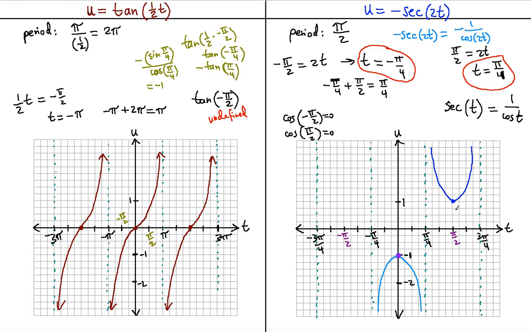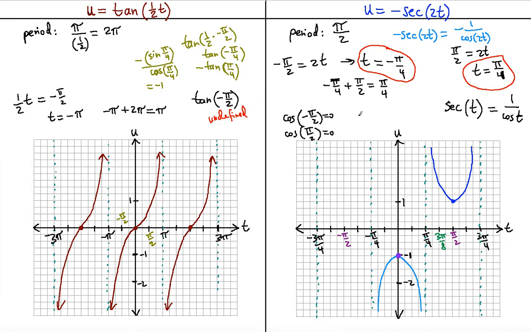Now, how do I know that this is the lowest point, though? Well, I know it's the lowest point because if you plug in a value of, let's see, 3 pi over 8, the value right between pi over 4 and pi over 2, you will see that the secant will be greater than 1.